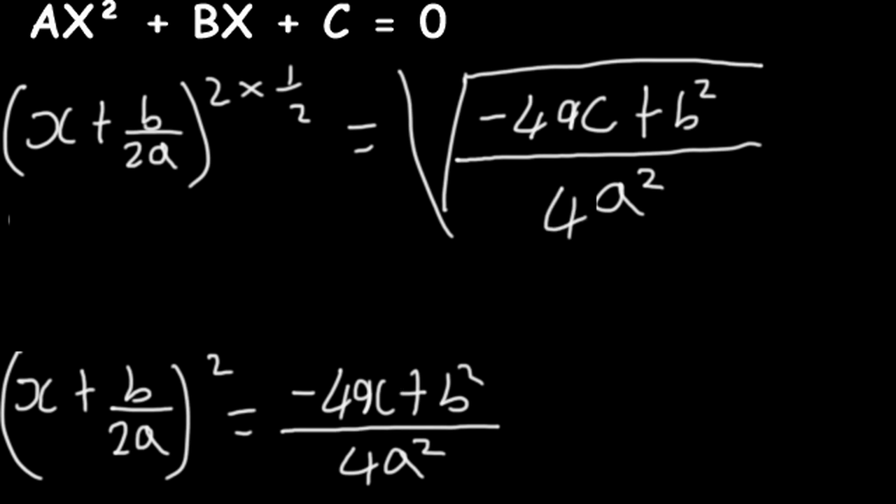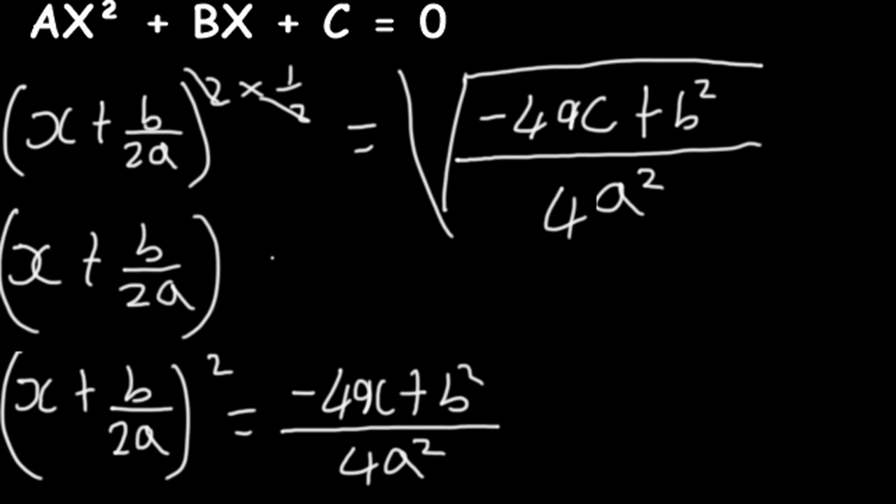So this will cancel, and we are going to be left with x plus b over 2a at the left hand side.